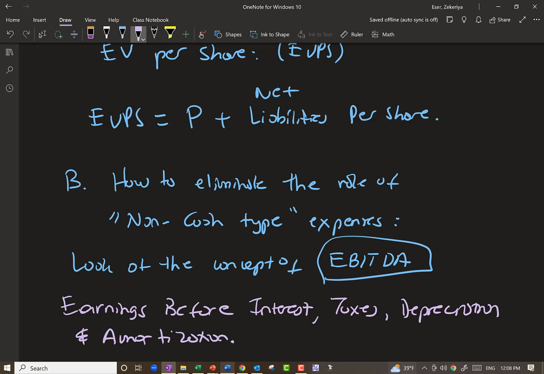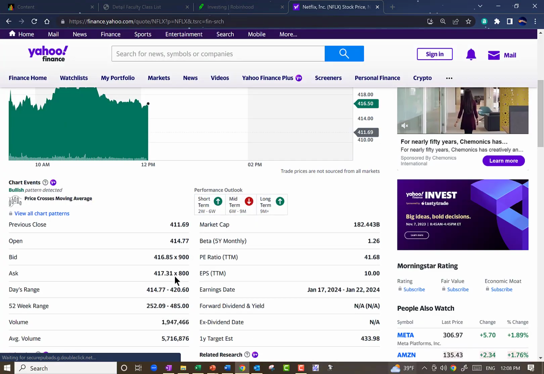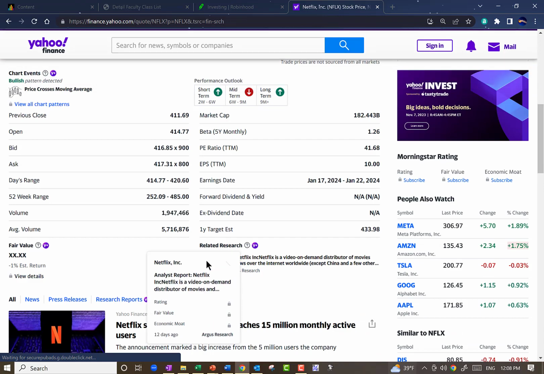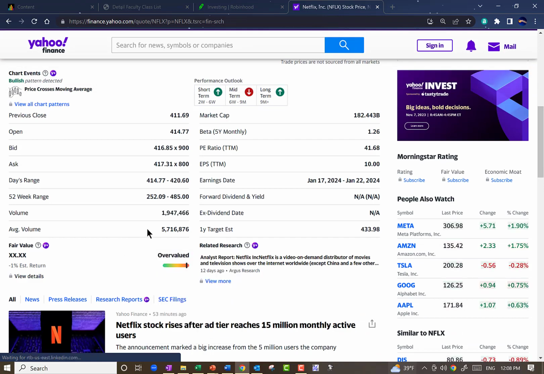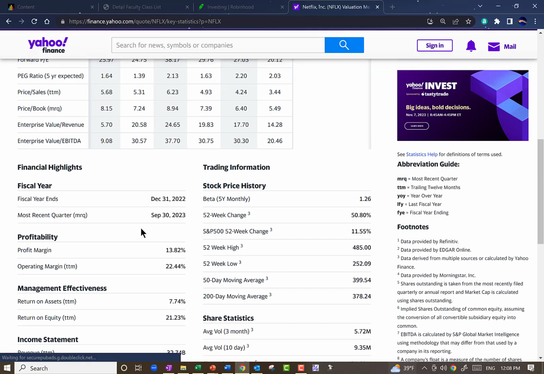Published sources have a ratio. For example, let's see. Where are you? Statistics. There is an enterprise value over EBITDA number.